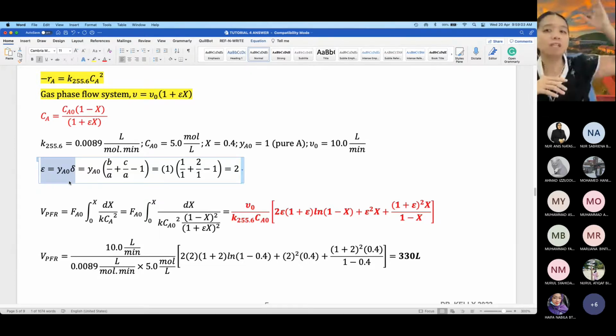So just now previously kita dah deduce earlier on, they say this is pure A reactant, A enters the reactor. So meaning YA0 is 100% initially, berapa mole persen A yang masuk adalah 100% sebab dia adalah pure A. So dalam bentuk fraction, it is 1. So YA0 is 1.